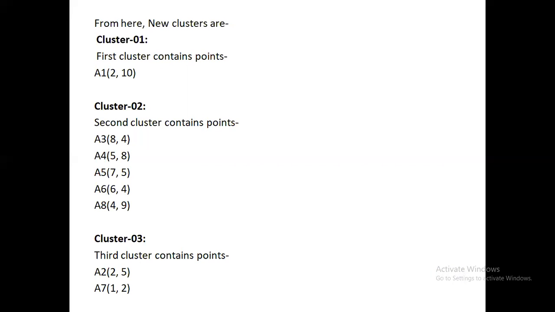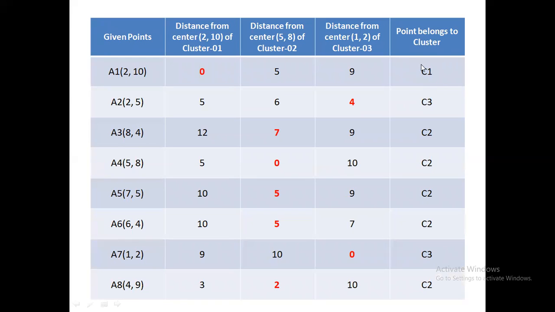Now you have new clusters after the first iteration. The first cluster contains point A1, which is (2, 10). Here you can see C1 is your first cluster, and the points that belong to cluster C2 are A3, A4, A5, A6 and A8, and points A2 and A7 belong to cluster 3.